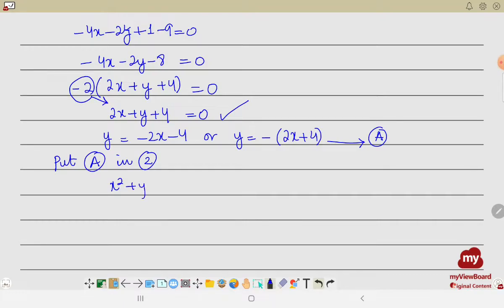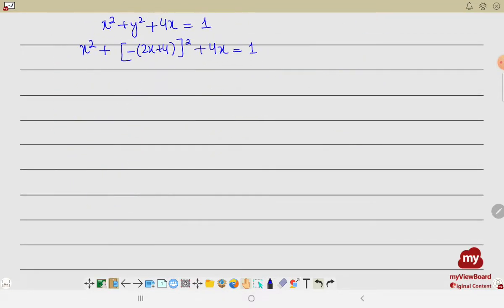X square plus y square plus 4x is equal to 1. This was the original equation number 2 that was given to us. Now instead of y, we'll just write this value: x square plus minus 2x minus 4 whole square plus 4x equals 1. So now the whole equation is in x.